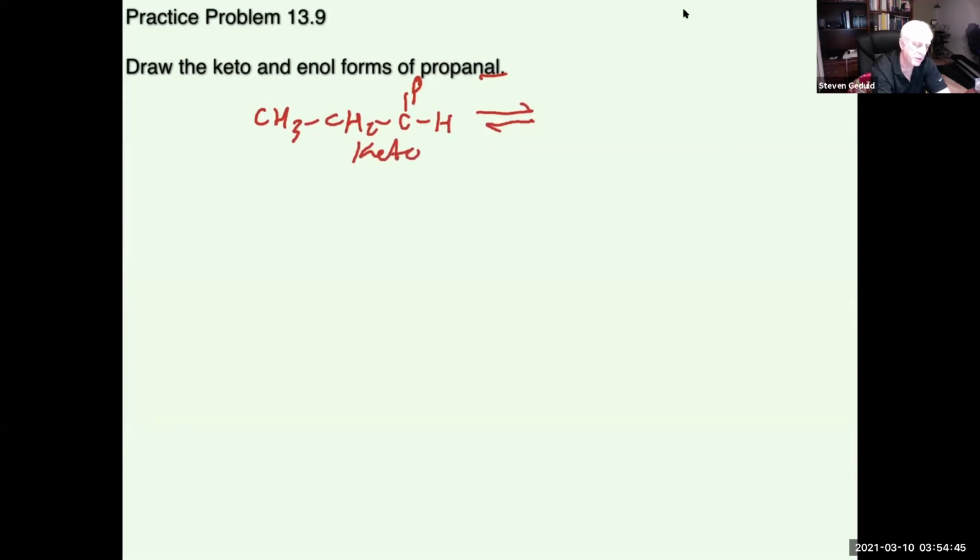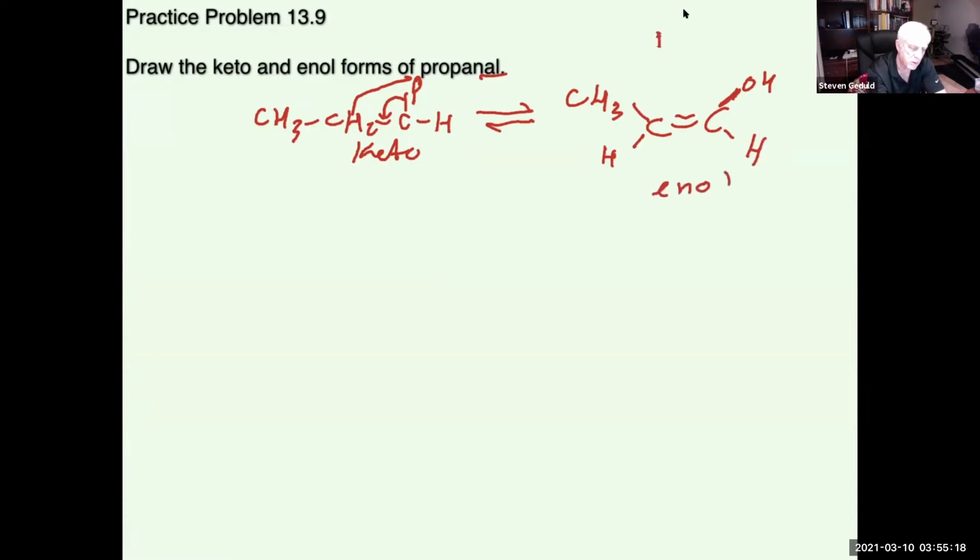The enol form, we take one of these hydrogens, attach to that oxygen, and that other bond slings down between the 2 carbons. So we have CH3, bonded to C, bonded to H, double bond, bonded to C, bonded to OH.